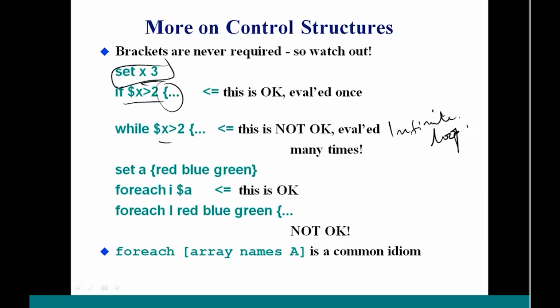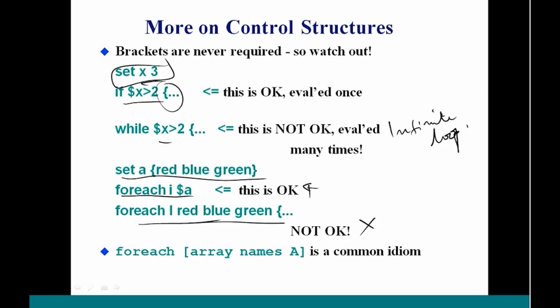Now here we have set A as the list red, blue, green. Now we say foreach a in $a, this is an okay syntax. But if you write the same thing with red, blue, green as separate words, then this is not okay.